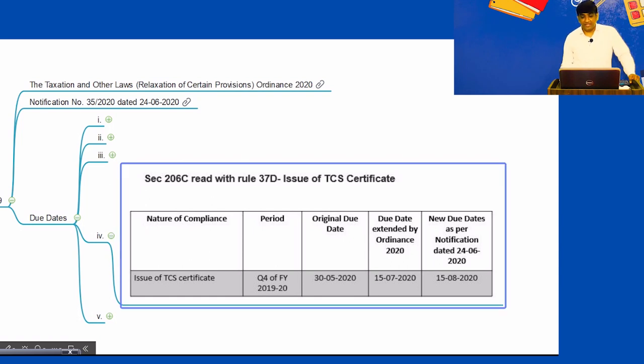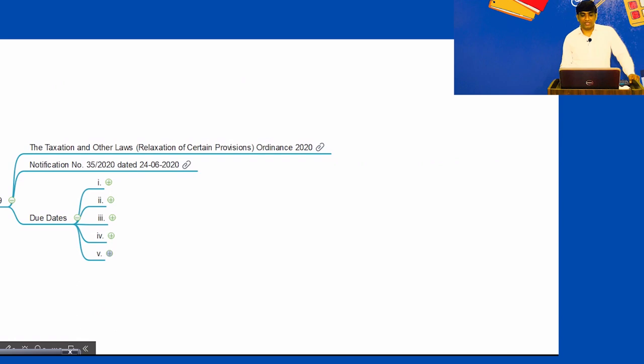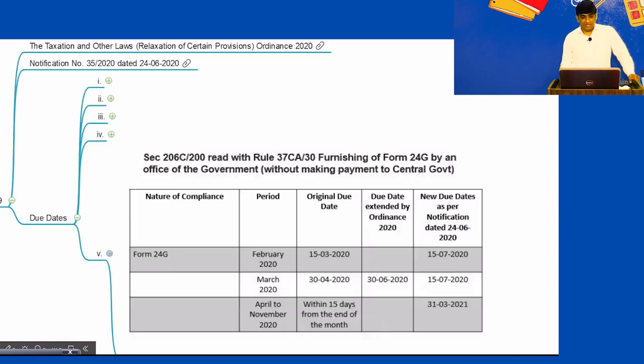Same for the issue of TCS certificate, earlier due date was 30th of May for quarter 4 of 1920. Due date is extended by ordinance to 15th of July, now extended to 15th of August 2020.